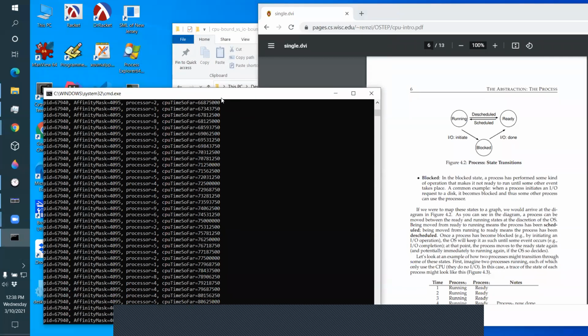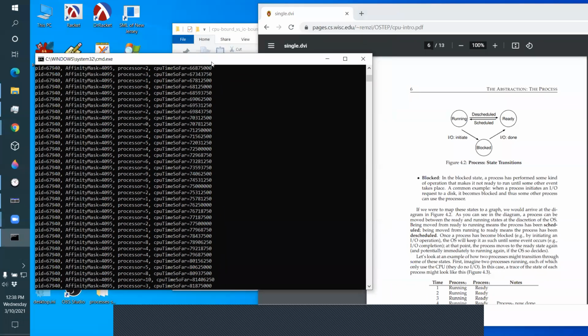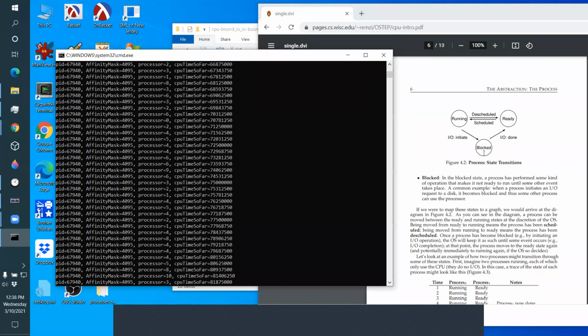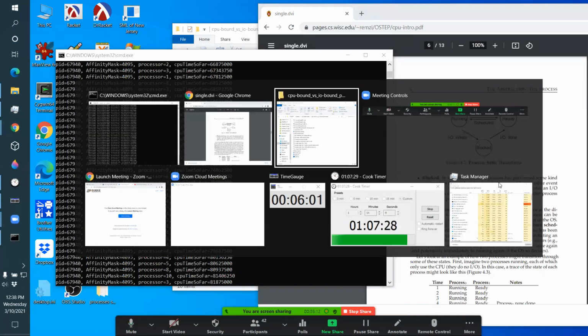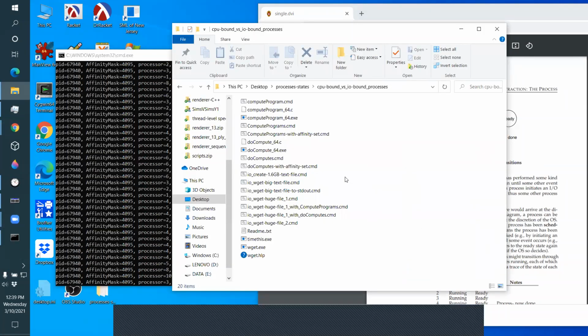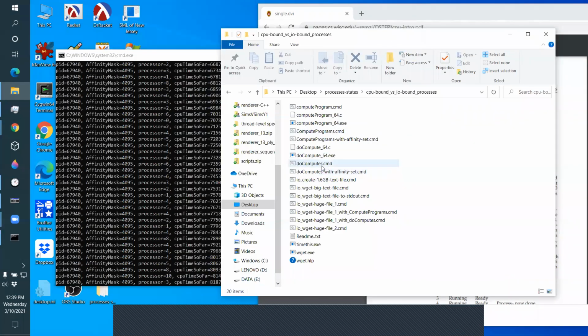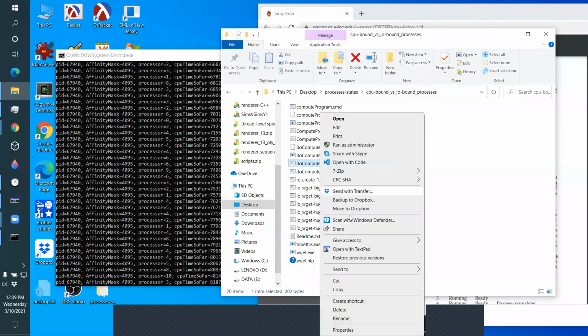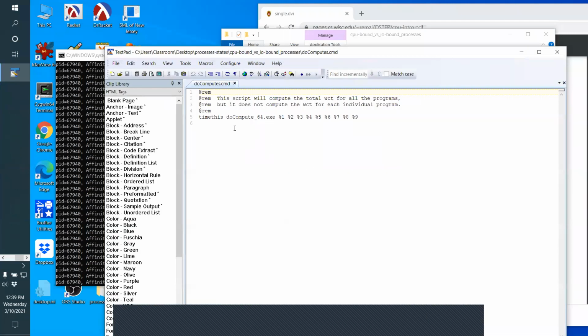For example, another thing is if I run multiple copies of this program here. If I go back to that folder, I had a version of this program that ran multiple ones. This one says do computes. It runs as many copies as you give it command line arguments.